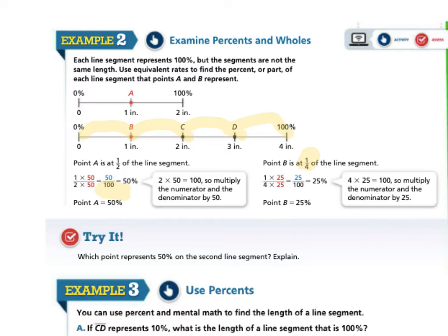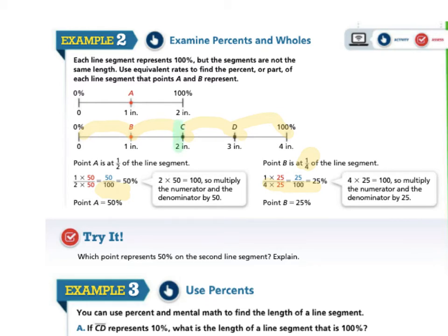Again, you want to think, what can you multiply 4 by to get to 100? Well, 4 times 25 is 100, so you have to multiply both the top and the bottom by 25. 1/4 is 25%.